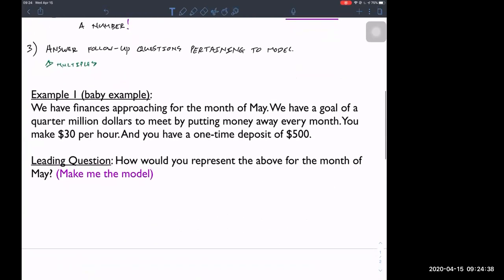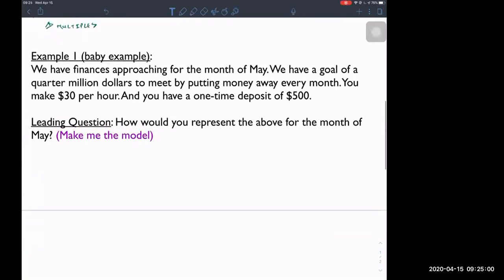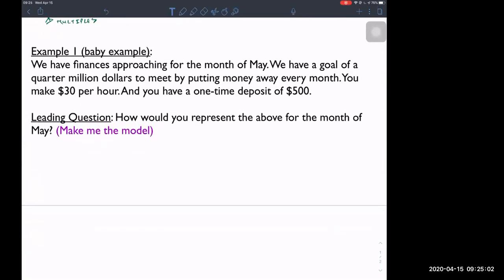Now, before everyone goes into super panic, hopefully you realize that this isn't a full-fledged question. Not all the details are there. You have a goal of $250,000, you can see putting money away, so you should know it's an annuity, but I didn't give you, for example, an interest rate or length of time, because it's a baby example. You're just wading into the water first, tiptoeing in to figure things out.